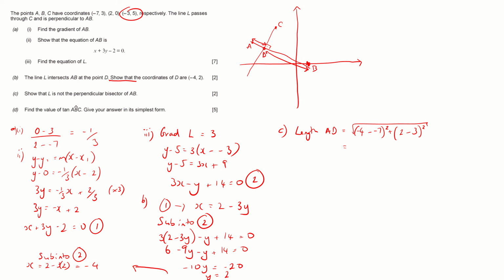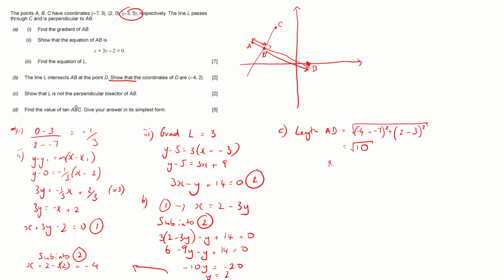Sorry, just doing this in my head, so that would be 3 squared, 9, plus 1 squared, I guess root 10. Apologies if the mark scheme says something different. I just did that quickly in my head.